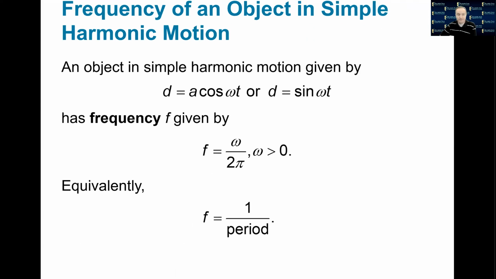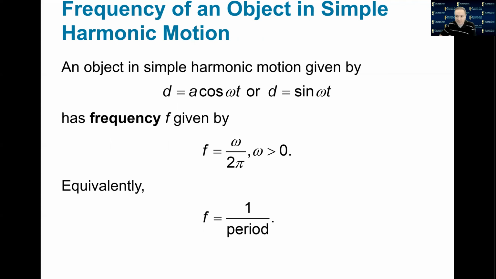Beautiful problem. Now, if we talk about frequency of an object in simple harmonic motion, the frequency is just going to be that value omega divided by 2 pi, where the omega value obviously has to be greater than 0. And I would rather even think of it as just the frequency is 1 over the period. It's the time it takes for one period.